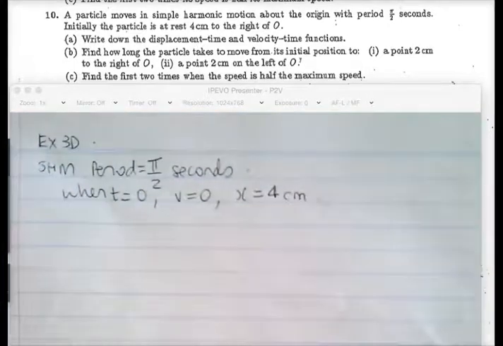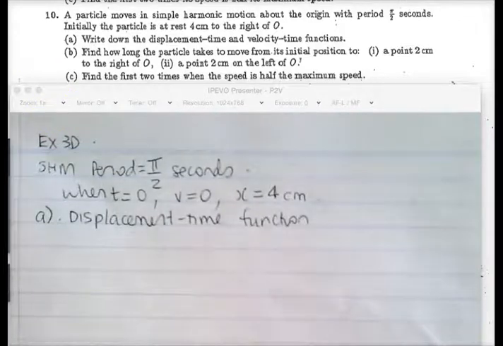So we've got the period, when time is 0 velocity is 0, and the position is 4 centimetres to the right of the origin.